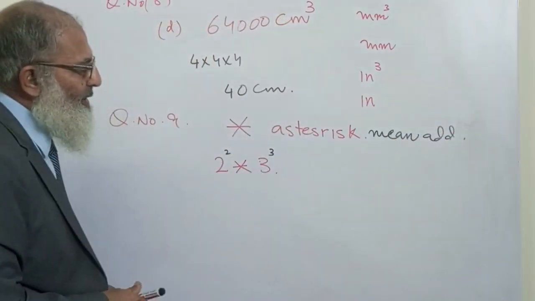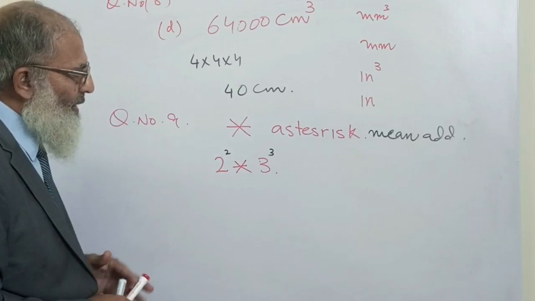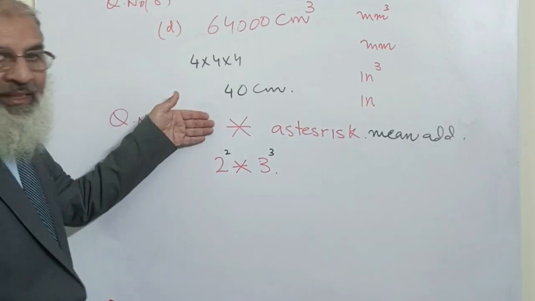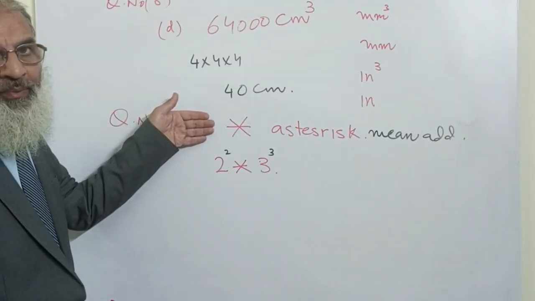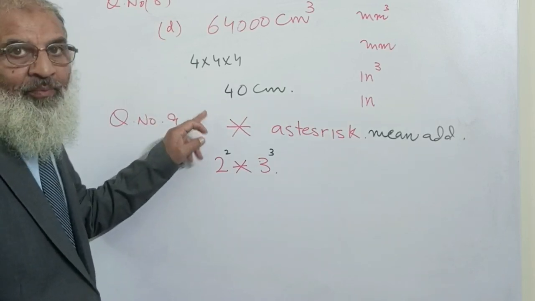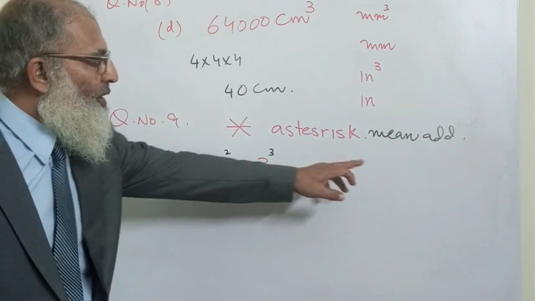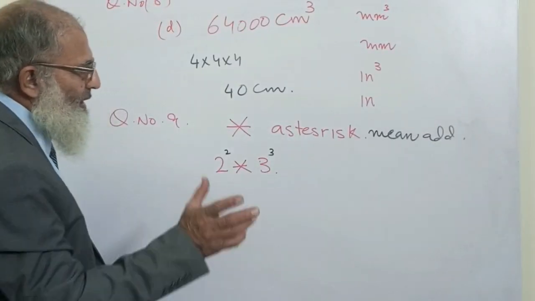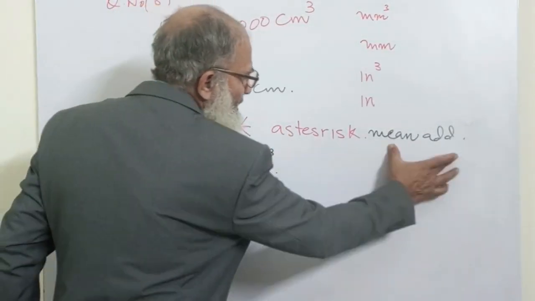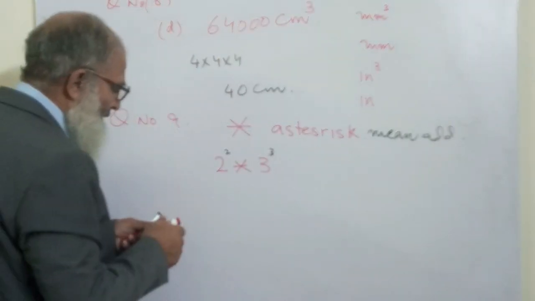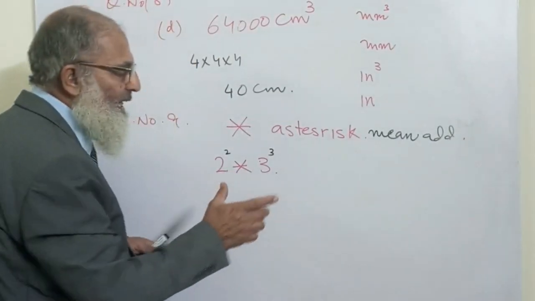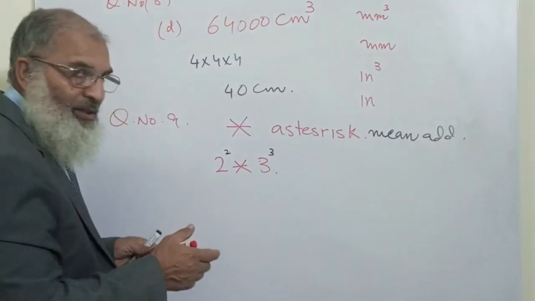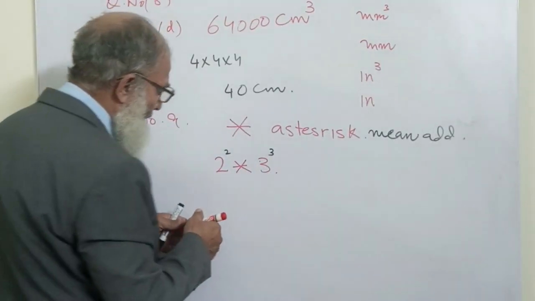Well, I must tell you that asterisk in computer language means multiplication, not addition. But anyway, he has given us the condition that asterisk means add. In basic computer language, it is multiplication.